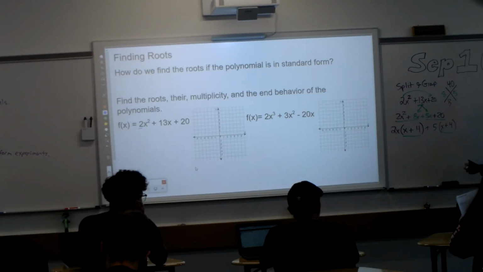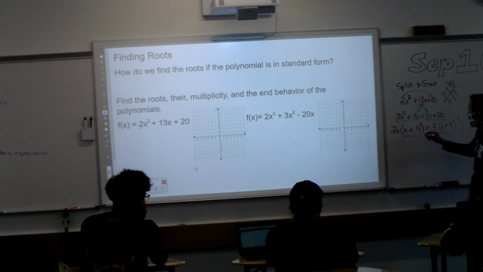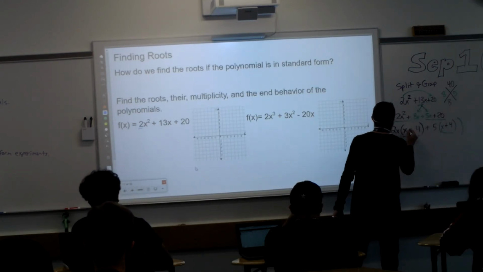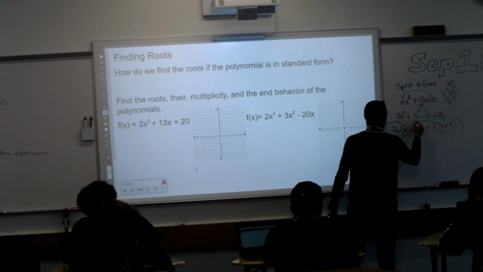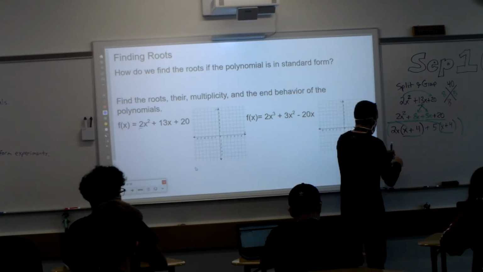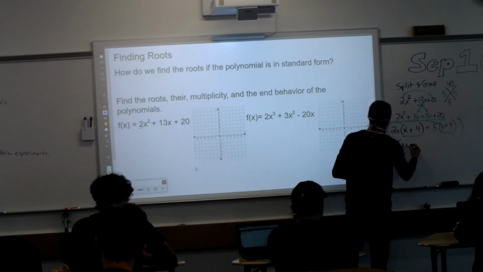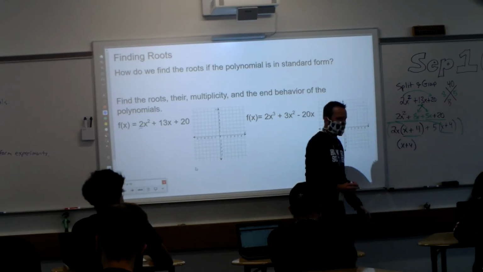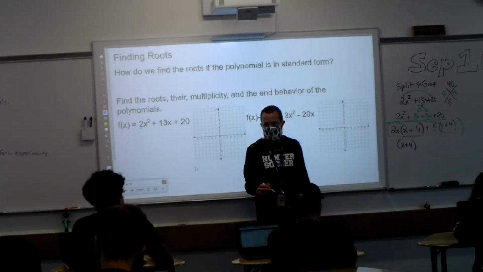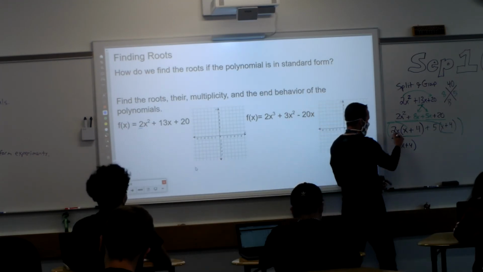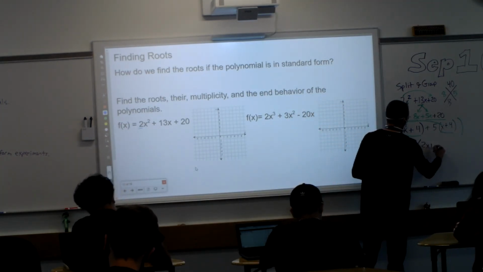X plus 4. This is our new common factor. What we're going to do is we're actually going to factor out that x plus 4, bring it to the very beginning. So I'm dividing that out, so I get x plus 4. And what is still in the parentheses there? 2x and plus 5.